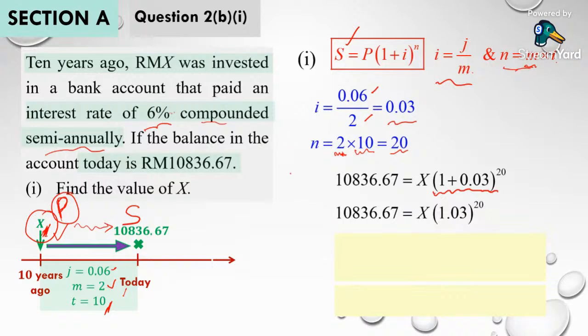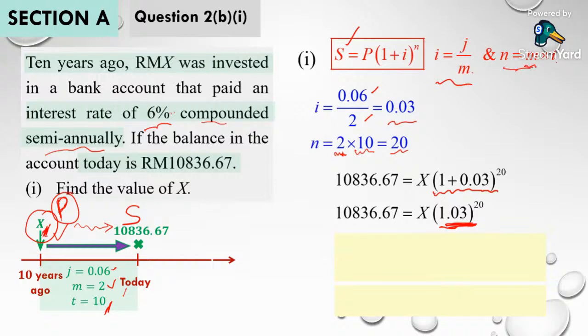Of course, if you want to simplify this part into a decimal answer, it's all right to do so. But please make sure that when you convert into a decimal answer, you take the full decimal places that you can see from your calculator. The reason is that it maintains the accuracy of your calculation later. So if you want to press the calculator, it's all right, just make sure you have the full decimal places.